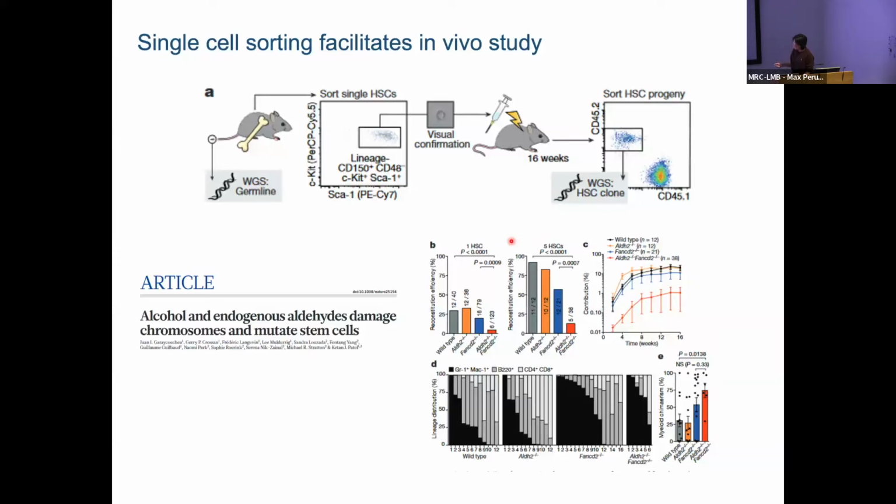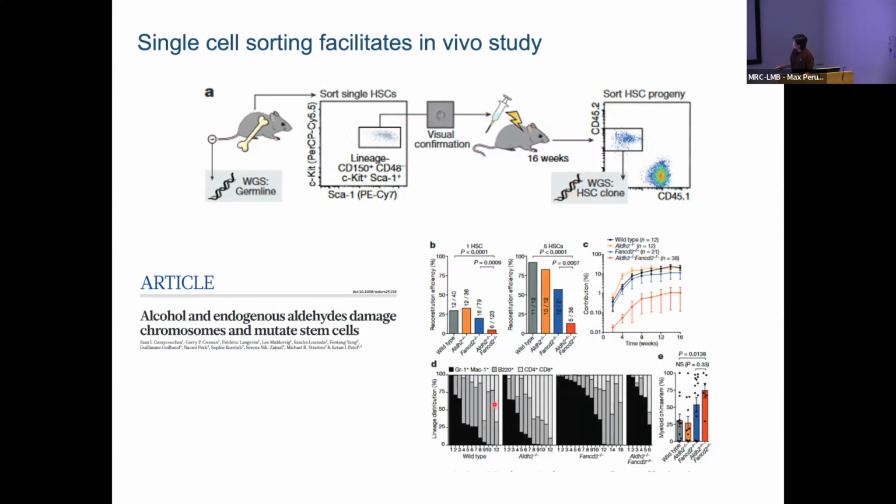So we isolated the single cells from the host mice and transferred these cells back to the acceptor mice. And they are studying the reconstitution of the HSC cells in these host mice in different tissues.